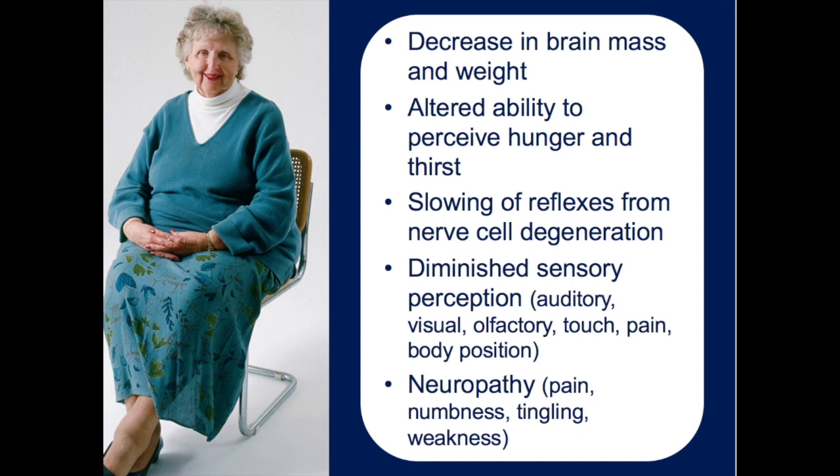And then sensory perception also diminishes over time, and this is a very broad category and includes everything from auditory, visual, olfactory, touch, pain, hot, cold sensation, body position. All of these things can be compromised over time. And there are a lot of disease states that we've learned about that can diminish specifically vision in the elderly.